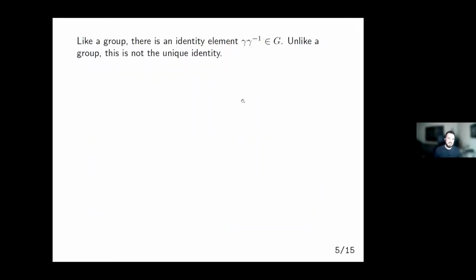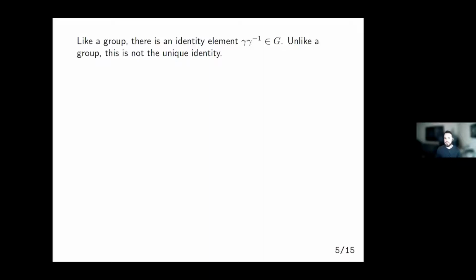So groupoids are like groups in that you have an identity element, but unlike groups, you may have more than one. And the reason for this is if you have two elements in your groupoid that are not composable because your multiplication is only partially defined, then each of those elements multiplied by their inverses may be two objects that act like identities, but you can't multiply them together.